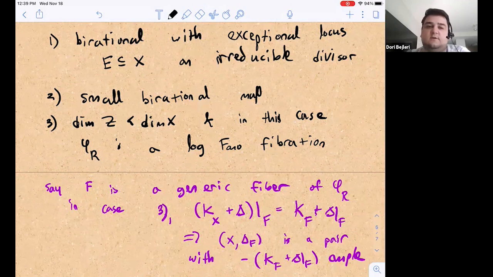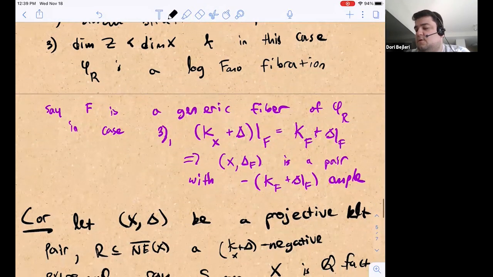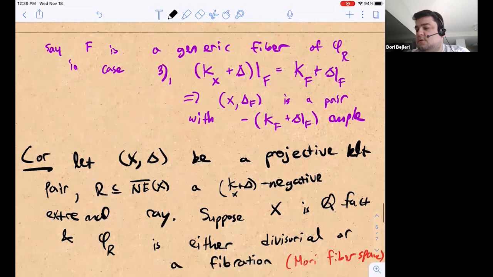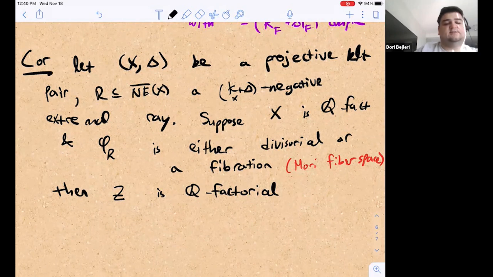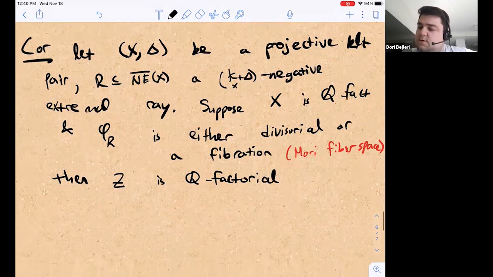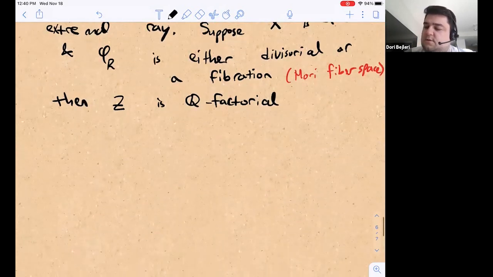And in fact, the log canonical divisor can't be a line bundle. But the nice thing is that if we're in case 1 or 3, then Z is still Q-factorial as long as X is, and so we can hope to keep applying all our theorems to Z. Okay, so let's prove the corollary.